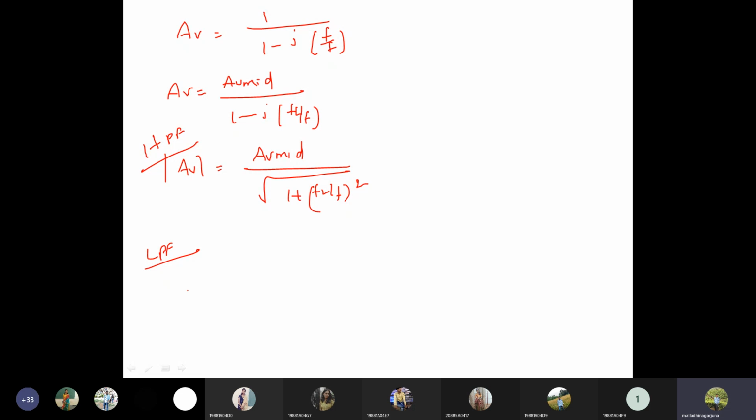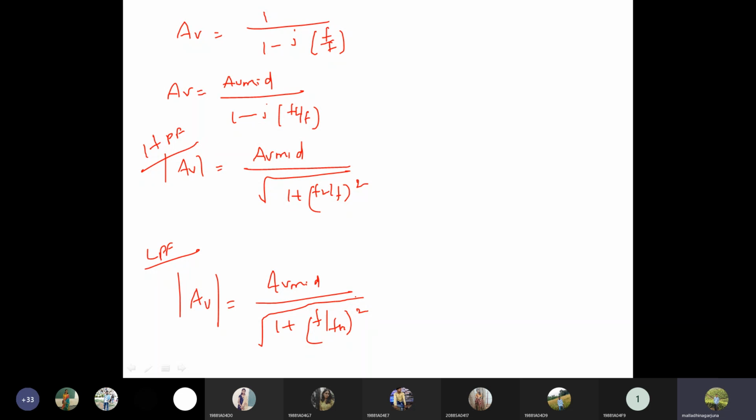Okay, what is the formula for LPF? Modulus AV equal to AV mid by root over 1 plus F by FH whole square. This is what you get for a low pass filter.